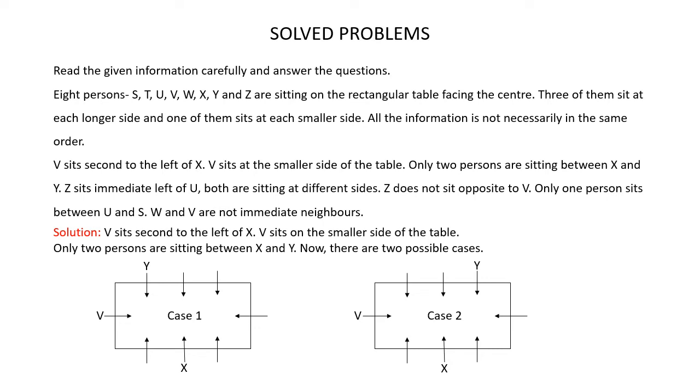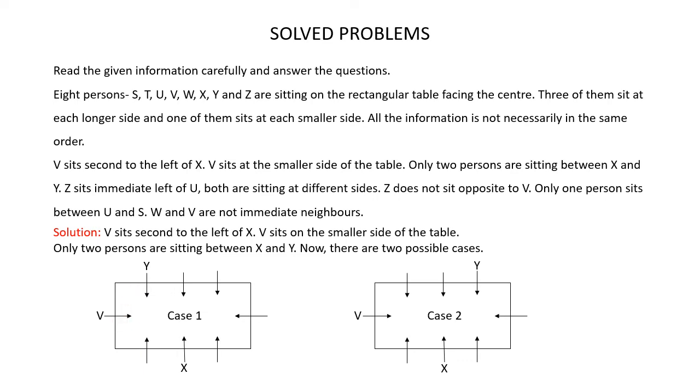So it's given V sits second to the left of X and V sits on the smaller side of the table. So V has to sit either here or here on the smaller side of the table. Supposing we mark X here, then second to the left of X will be this position which is on the longer side.